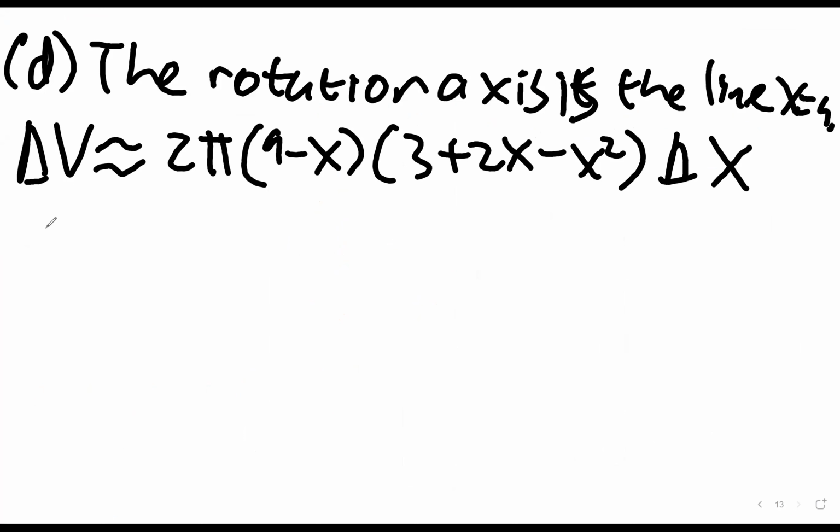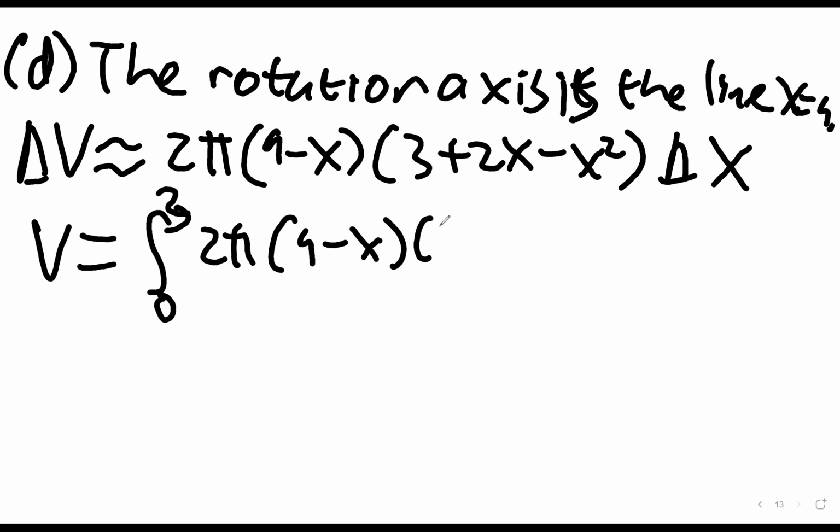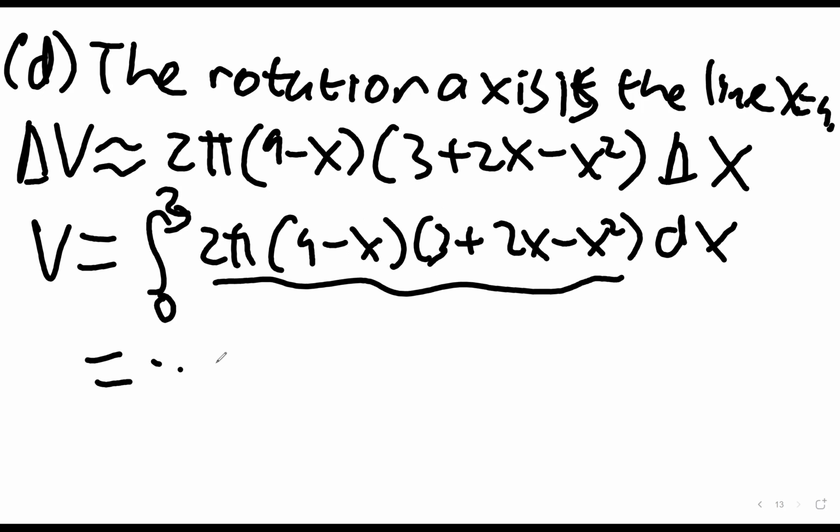Take the summation and then the limit, and you have V equals the integral from 0 to 3 of 2 pi (4 minus x)(3 plus 2x minus x squared) dx. Then expand this, and you'll have the result. Any question or comment?